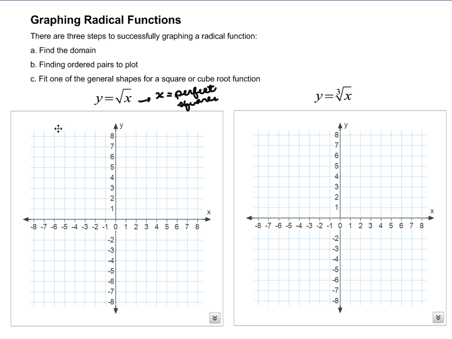Well, certainly 1. I'm just going to make a little table over here. If we choose x equals 1, then the square root of 1 is equal to 1, so our graph will include the point (1, 1).